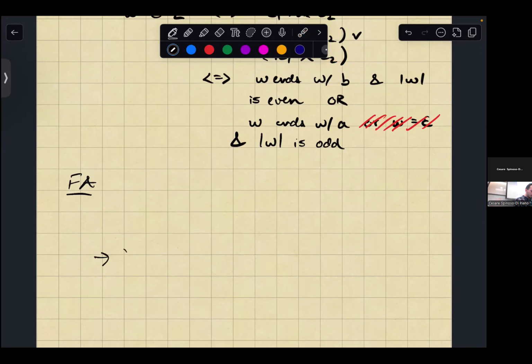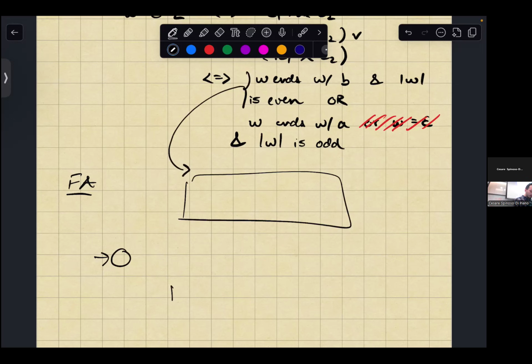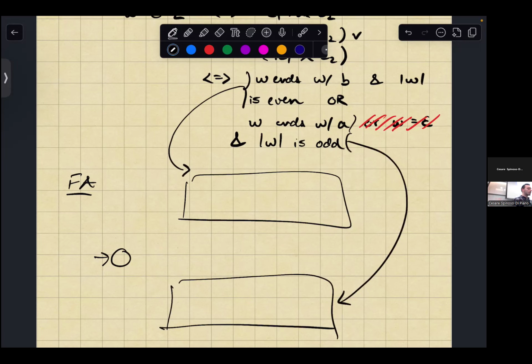I'm going to create individual FAs and connect them together with an epsilon transition. So this means that really I have an NFA which has epsilon transitions.